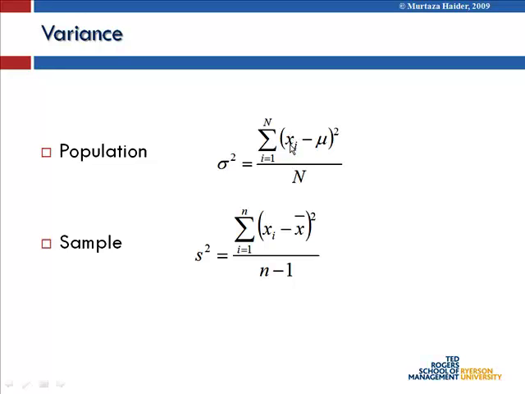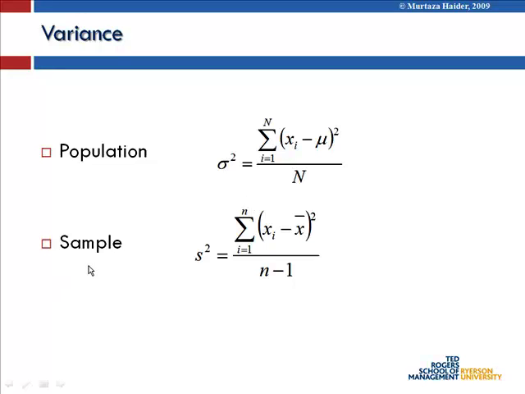So we subtract the mean from each observation, and then we square that difference, and then we sum up all those squared differences. Once we have done the summation, we divide that by the number of observations. This is how we compute the variance in the data set. If you were to take the square root of this statistic, that would be the standard deviation.